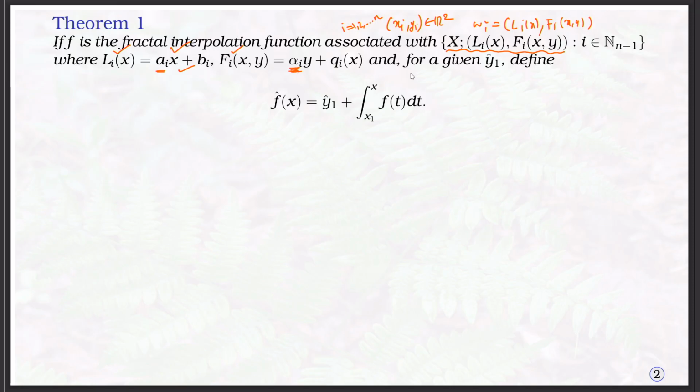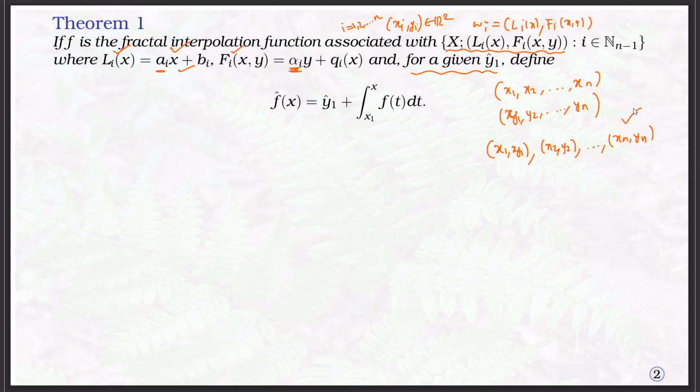Now we have the data x1, x2, up to xn corresponding with y1, y2, up to yn. In the sense we have the ordered tuples x1 comma y1 and x2 comma y2 and xn comma yn. This data is given.